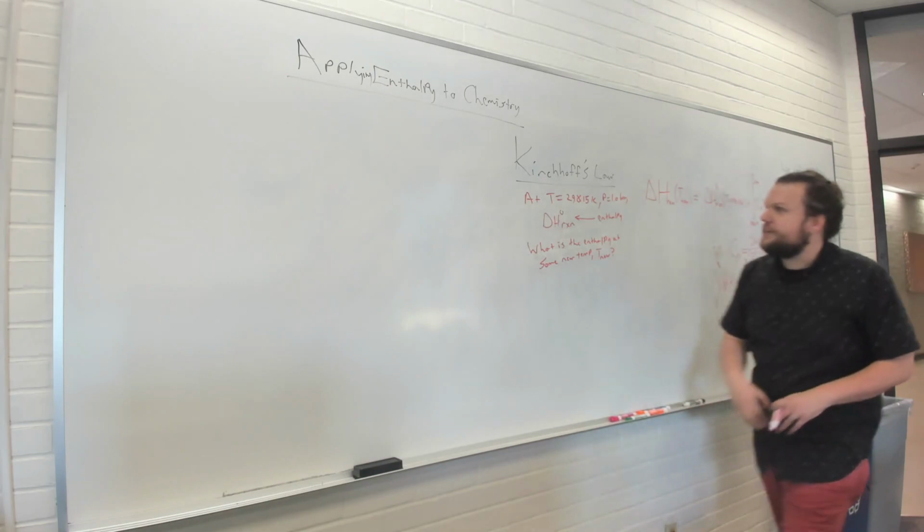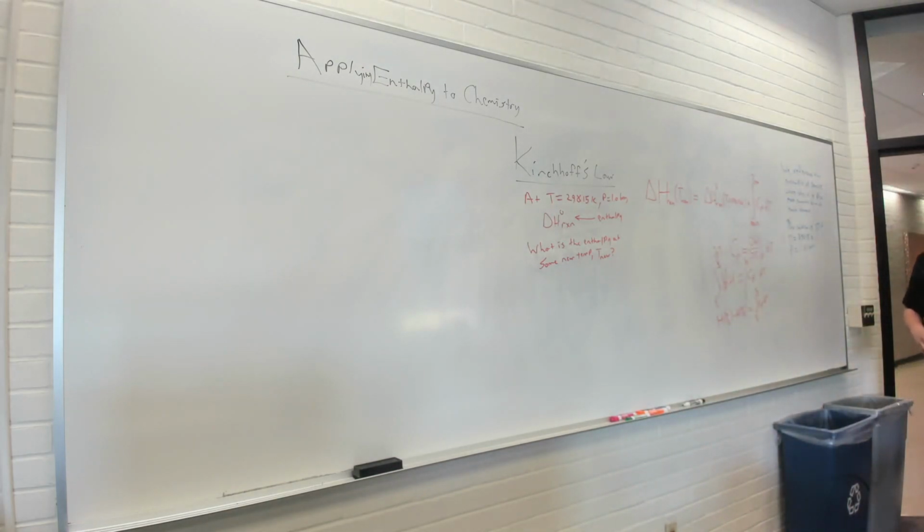So if we can measure the heat capacity of a substance, we can now take the enthalpy of anything and convert it to a different temperature. So let's try that real quick. Let me give you an example.